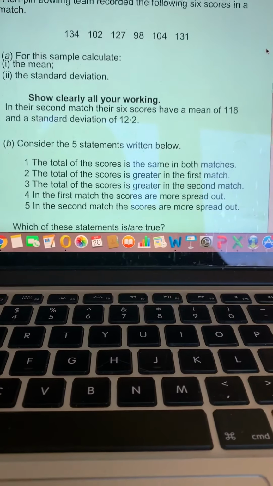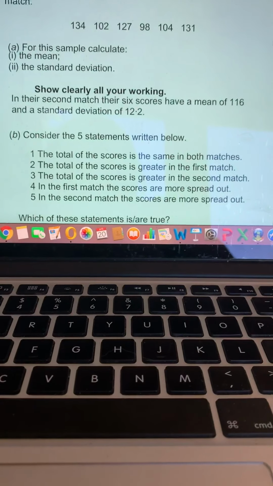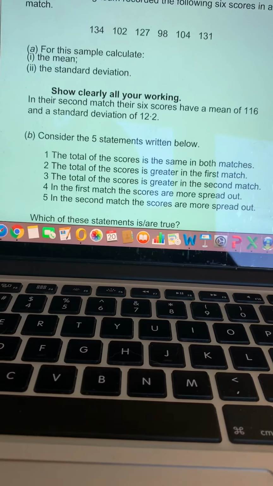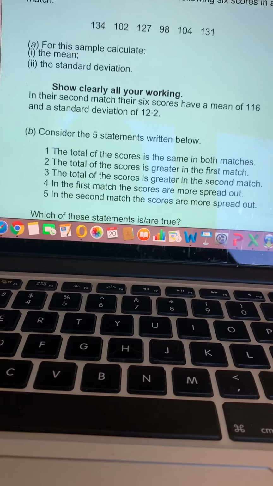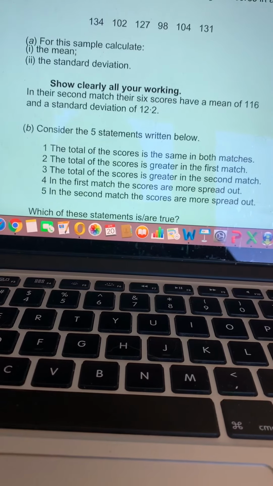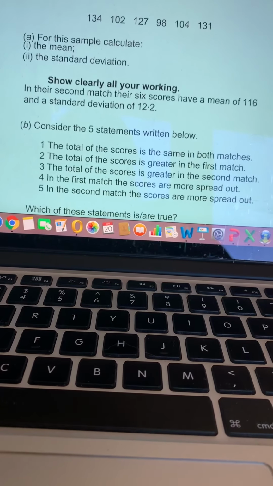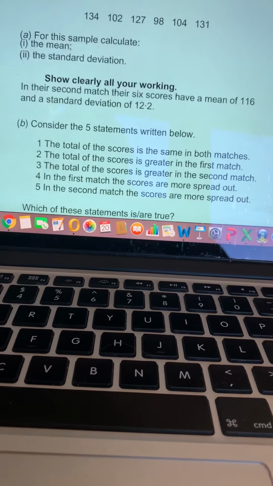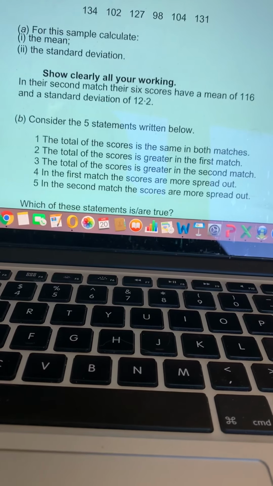Now, the way we know that to be true or false is by thinking about what the mean tells us. So we don't know the scores in the second match. Okay, we know that we've got 6 scores in the second match because the question tells us that. We know that the mean is 116. Now to get the mean, we had to take all 6 scores, we don't know what they are, we had to add them together, and then we divided by 6, and that gave us a mean of 116.